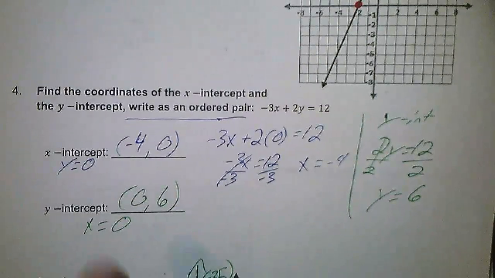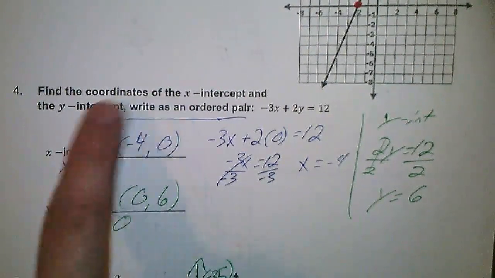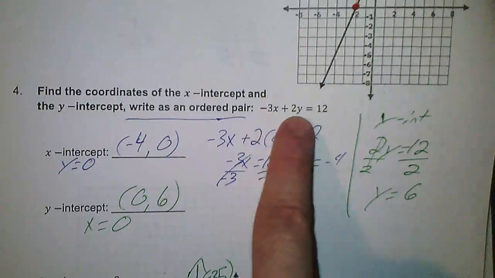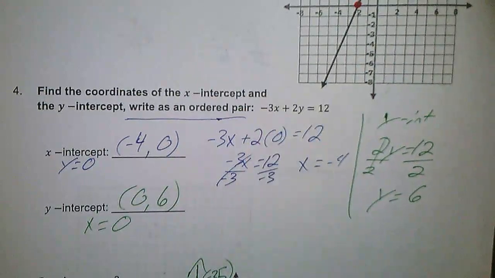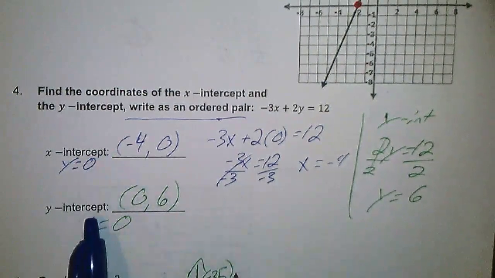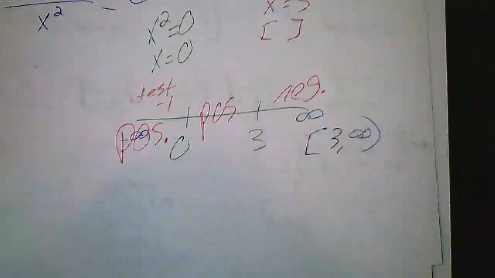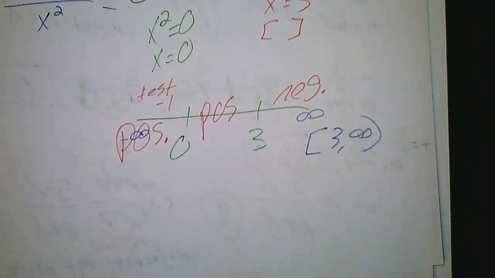In number 4, we were asked to find the x and y-intercept of an equation in standard form. And so to find the intercepts, that's where we plug in 0. That's not what we're doing on number 12.